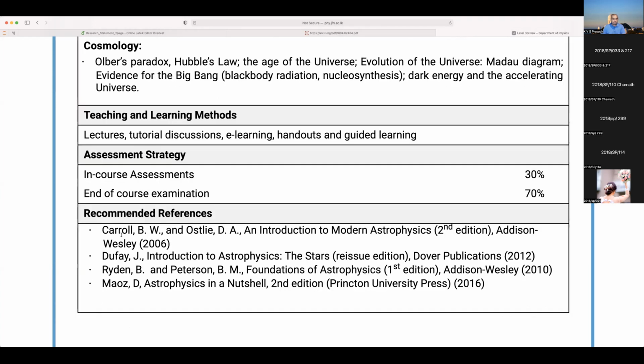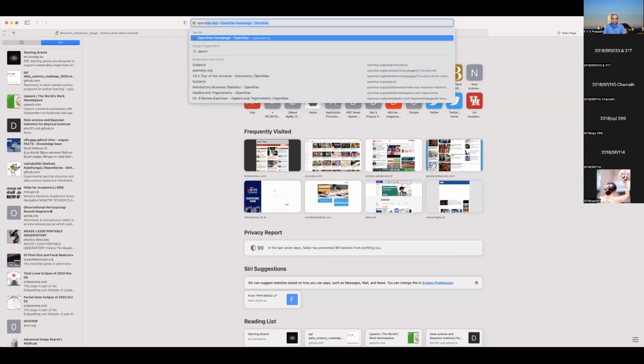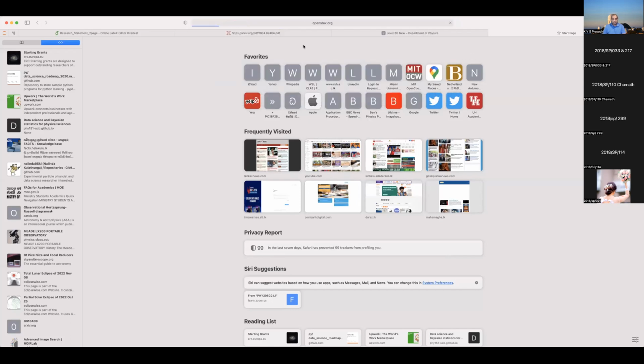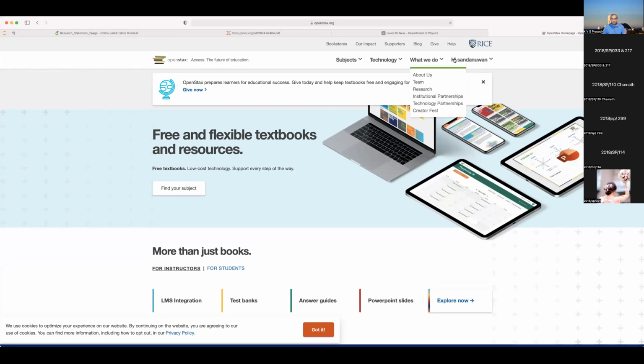There are some recommended references here for the course, and all of these are different kinds of books. However, I actually recommend a different book for you. It is an astronomy book, which is completely free and available online. Let me show you. I will give you the link for that as well. There is a website called OpenStax, if you don't know about it, and there are free books for any subject here, right?